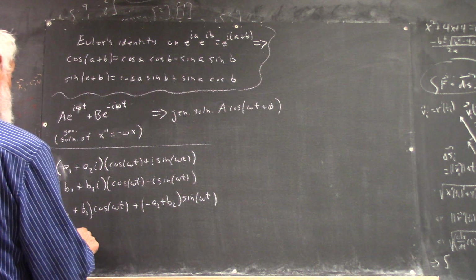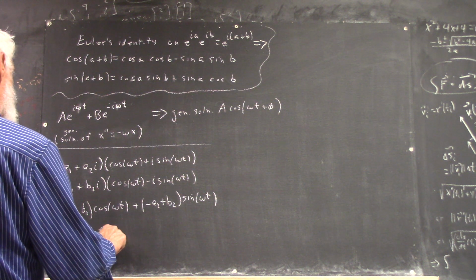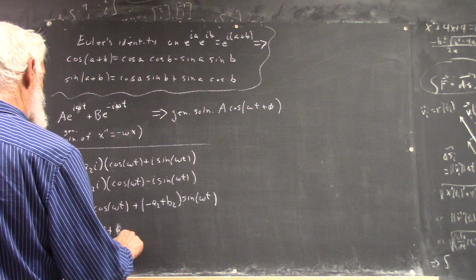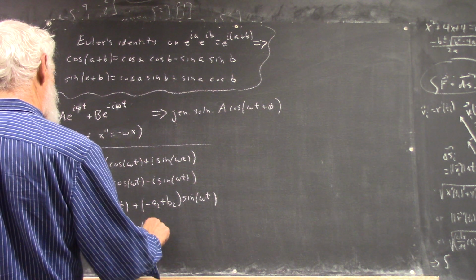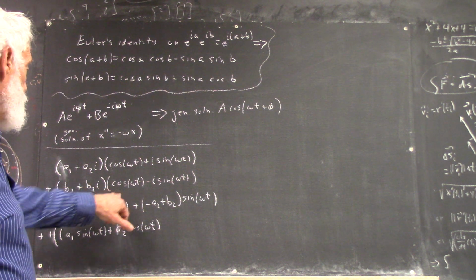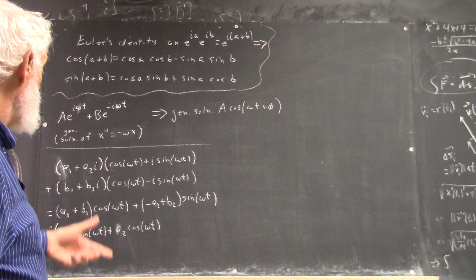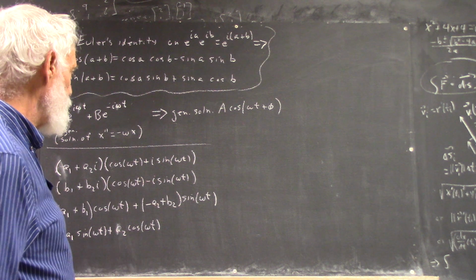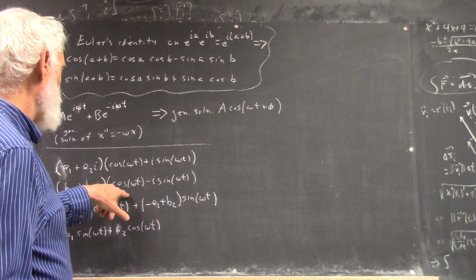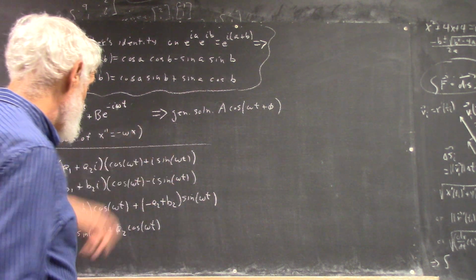So we're going to have A1 sine of omega t plus A2 cosine of omega t, but then we're going to have a B1 cosine of omega t and a B2 sine of omega t. Let me write it out. B2 i cosine omega t, minus B1 sine omega t.